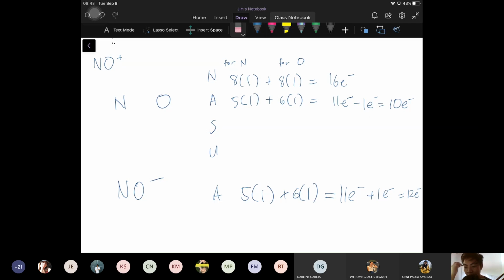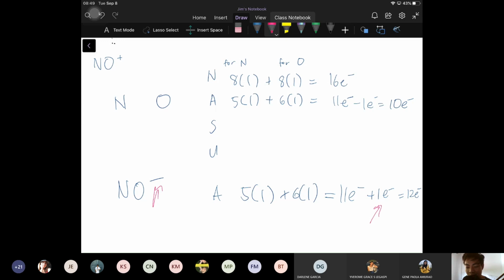So, yun yung idea. Wag malito sa sign, kasi we are pertaining to electrons. Pag positively charged ang molecule, you will deduct electrons. Again, because pag nababawasan ng electron, nagiging positive yung molecule. Pag negative yung charge ng molecule mo, that means may sobrang electron.